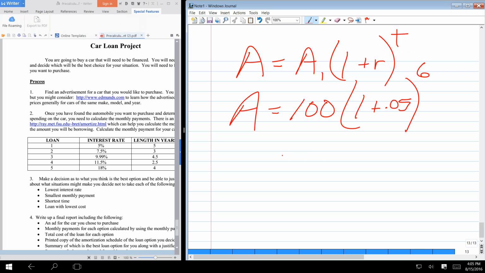So the total amount would be 100 times the number 1.05 to the 6th power. Well, 1.05 to the 6th power is probably like 1.4 or 1.6. And so your money would grow to approximately $160 or $150.